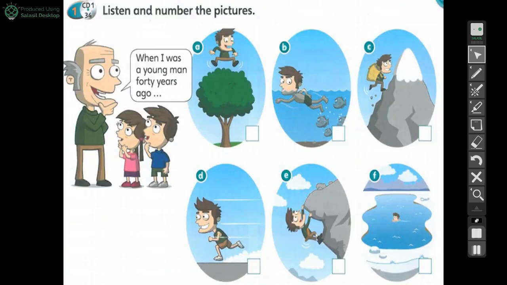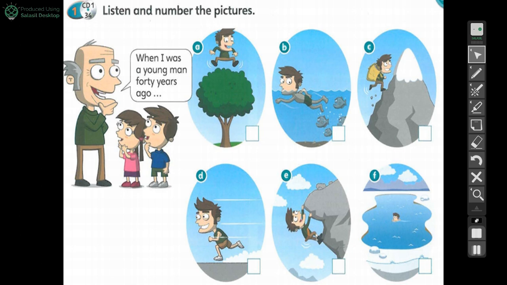Now, listen and number the pictures. Here, an old man is talking to these children, and he says, when I was a young man 40 years ago, what he could do and what he couldn't do. Let's listen.